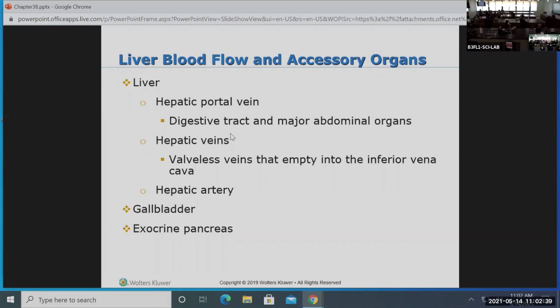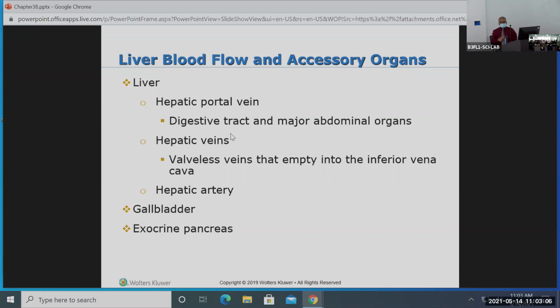Now, we do have the hepatic vein. The hepatic vein comes out from the liver, and this hepatic vein drains blood into the inferior vena cava. Please remember, all these are very basic things. So hepatic veins are valveless veins that empty into the inferior vena cava.